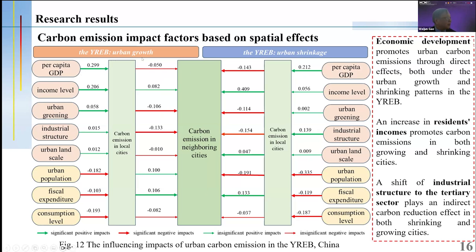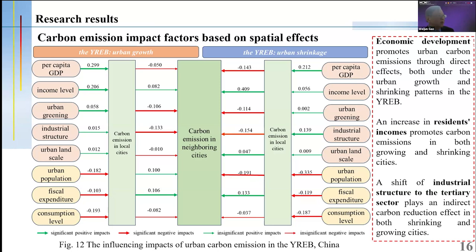Here is the urban growth pattern, and here is the shrinkage pattern. The different GDP and industry structure, a lot of factors, have a different effect on the urban carbon emission.